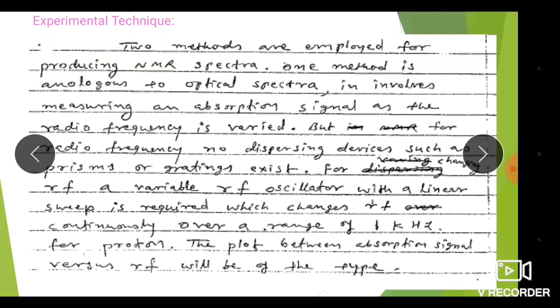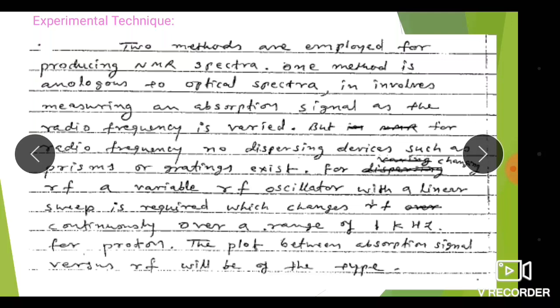For such change of RF, a variable RF oscillator with a linear sweep is required, which changes the RF continuously over a range of 1 kilohertz for protons.